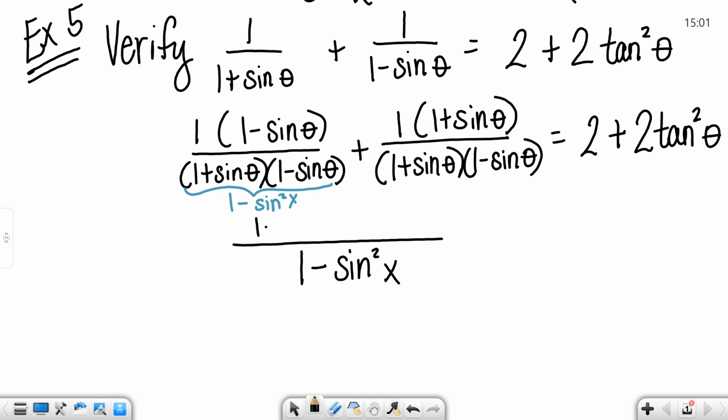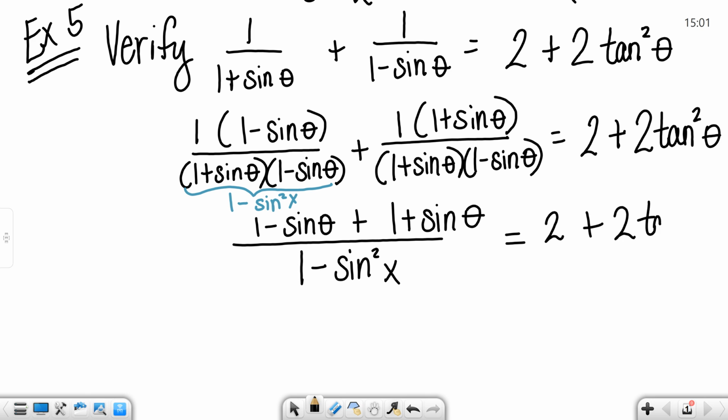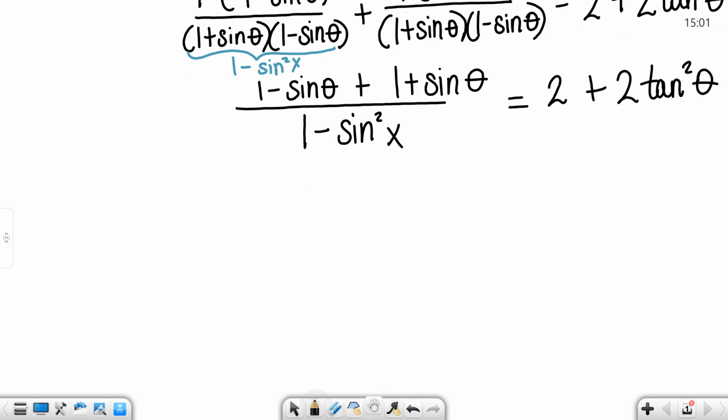My numerator over here is 1 minus sine theta plus 1 plus sine theta, and I just put it over one denominator. Bring down this right-hand side. Okay, so this is looking good. I have a minus sine theta and a plus sine theta, so those go away. That does leave me with a 2 in my numerator.